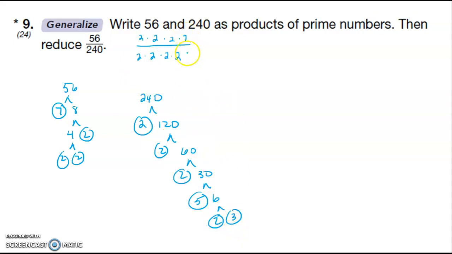And then I have a 3 and a 5. Okay, let's see. And I'm reducing, so I'm going to cross these out. Let me change my colors. So this can go. And then I'm left with 7 on the top. 2 times 3 is 6, times 5 is 30, and that cannot be reduced any further.